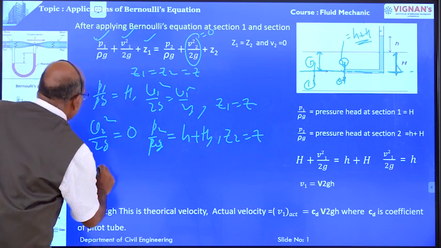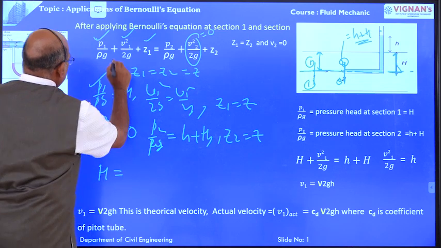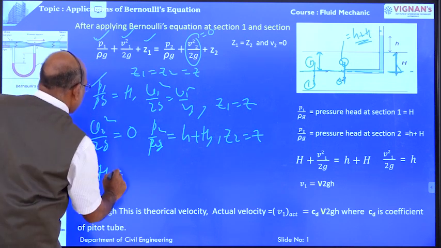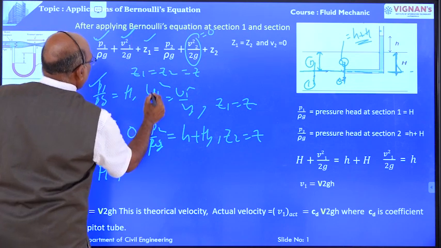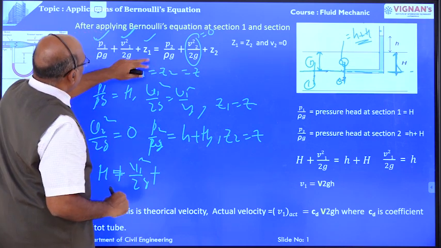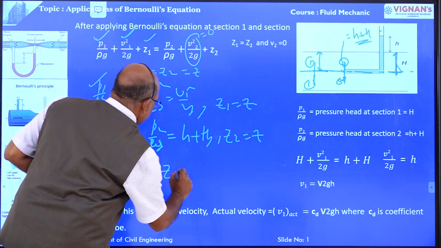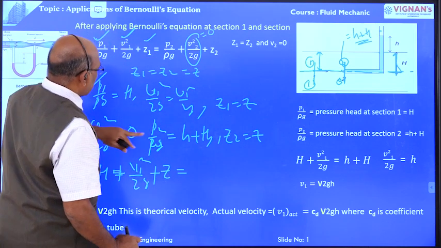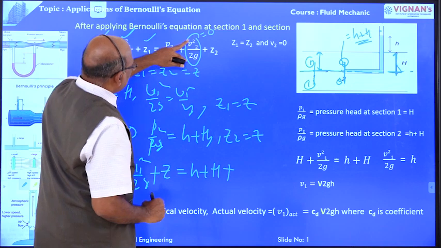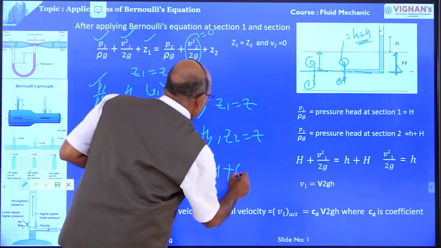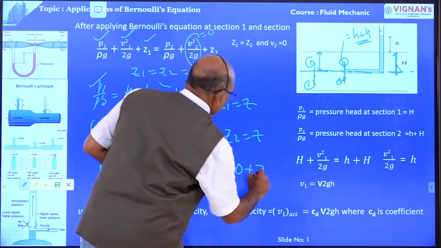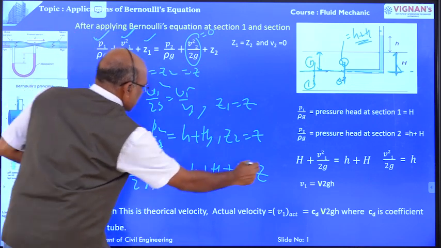Now we are going to substitute these values in the main equation. P1 by rho g is equal to H, plus V1 square by 2g, plus Z1 with Z1 equal to Z, equals the pressure head P2 by rho g, which is small h plus capital H, plus velocity head V2 square by 2g, which is 0, plus Z2, which is equal to Z. Now Z gets cancelled.